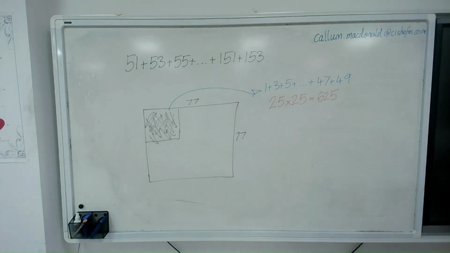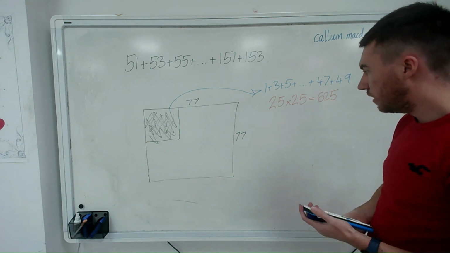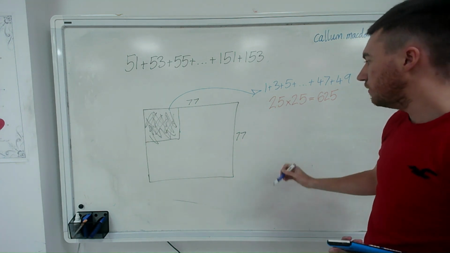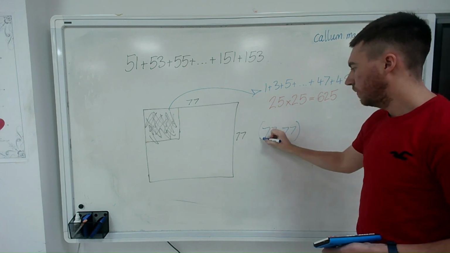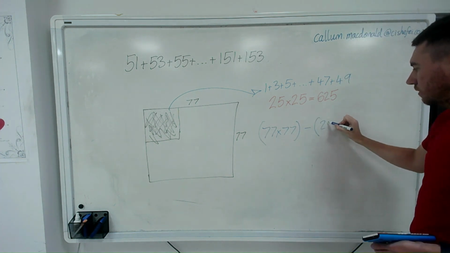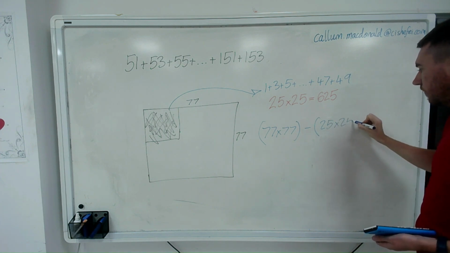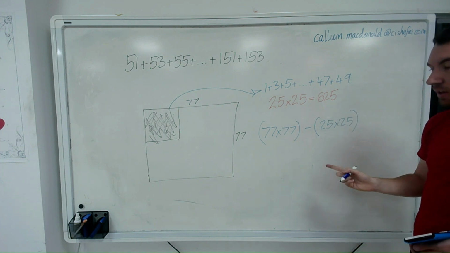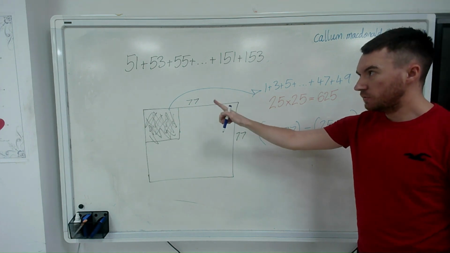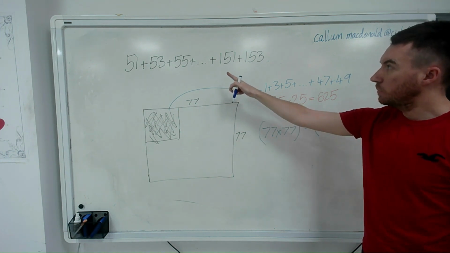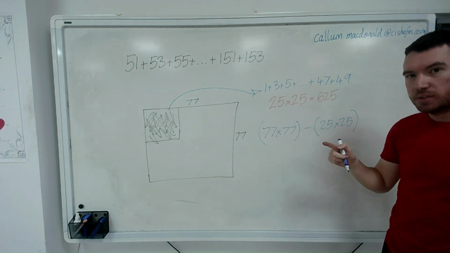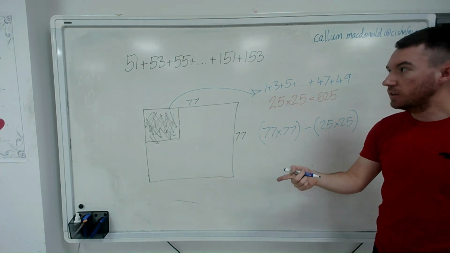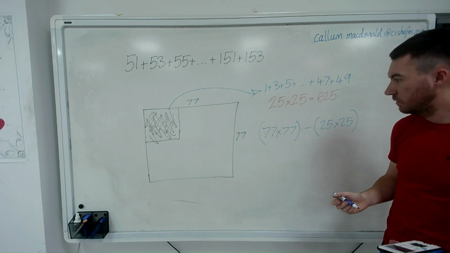Okay, so then we just have a simple math to do. We do 77 times 77, which we learned earlier, minus 25 times 25. In other words, 1 plus 5 plus 7 plus 9 up to 153, take away 1 plus 3 plus 5 plus 7 plus 9 up to 49.